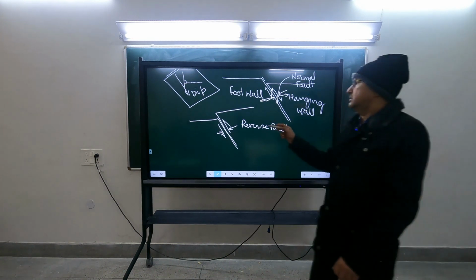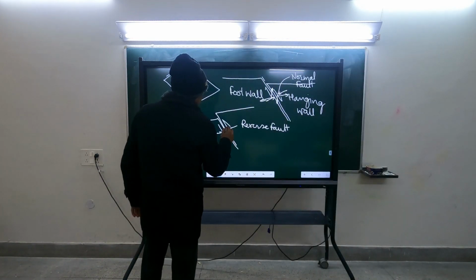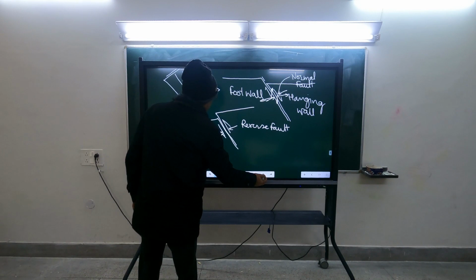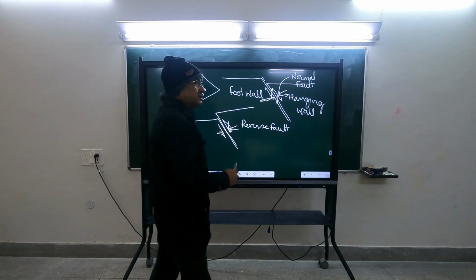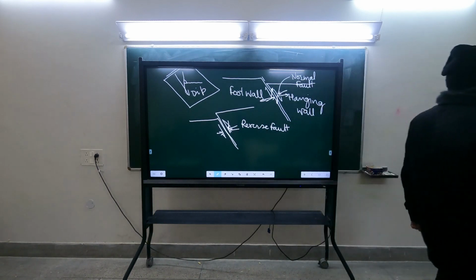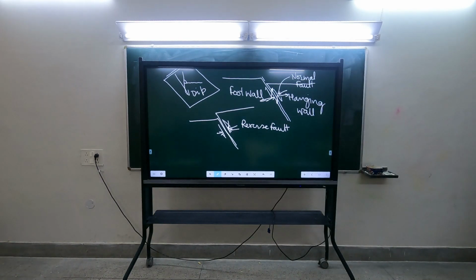Whereas here, you can see the components are like this, so there is a component towards the fault. So here more energy will be stored before failure, before rupture, and if more energy is stored, more energy will be released.